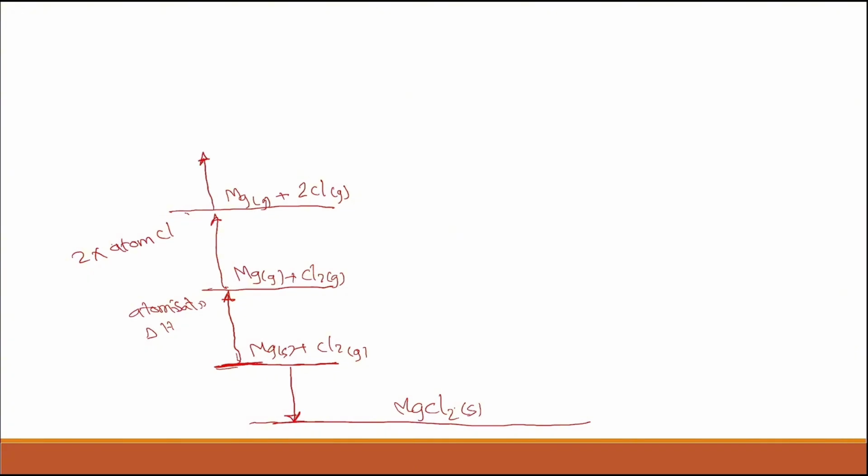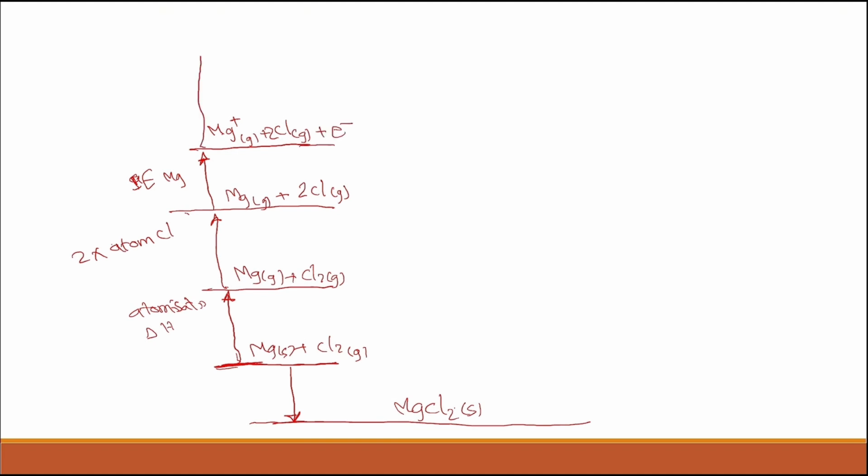Following that, we need to start to ionize these atoms. I'm going to start with the metal first. So we have magnesium, and I'm going to give the first ionization energy of magnesium, and that will give us Mg+ as a gas. The chlorine will stay as it is, as atoms, gas, and don't forget the electrons.